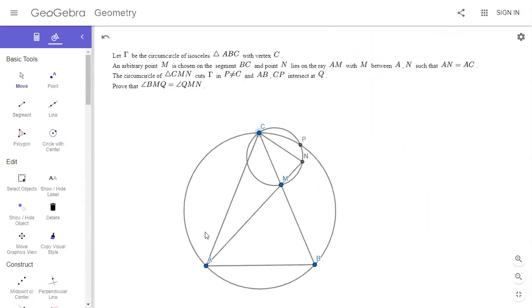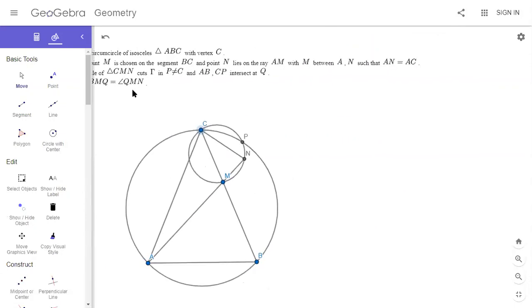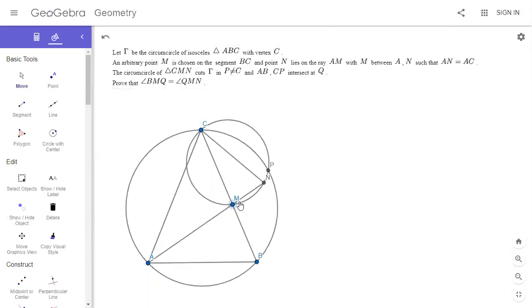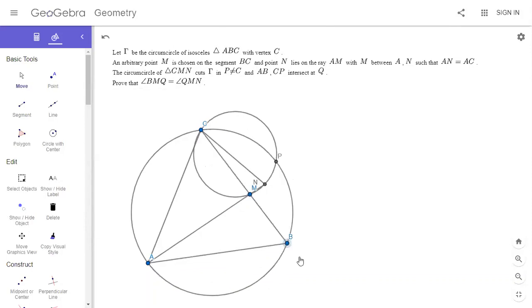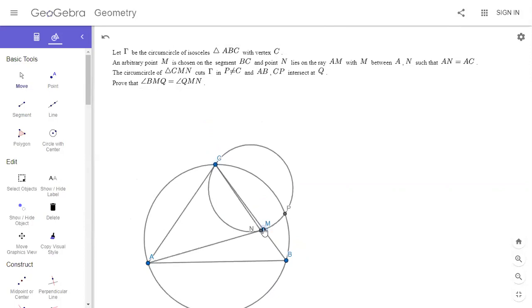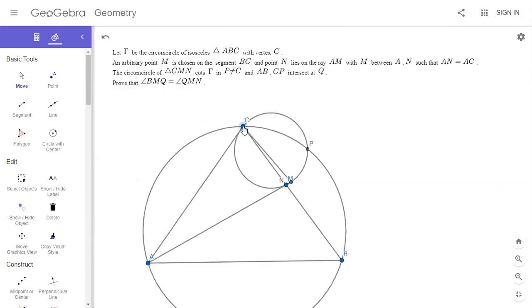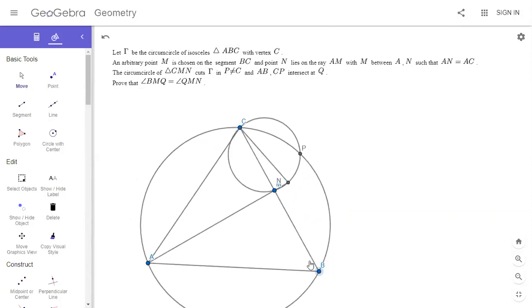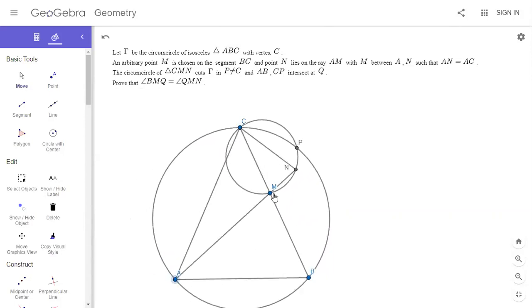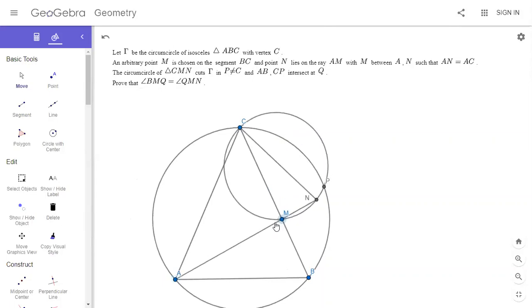So I want to make sure Q lies on the screen. See how I can draw things to make that easiest. Just draw it like that.